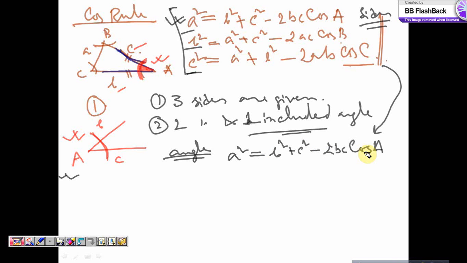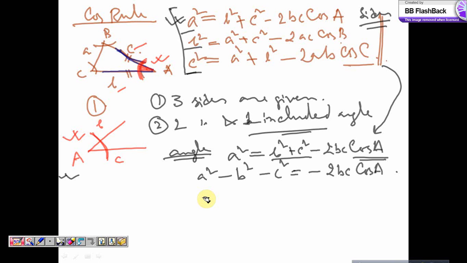In this condition, how can you find the angle? Here a square minus b square minus c square is equal to minus 2bc cos A. It is just simple math. I just took b square and c square to the opposite side of the equation, so I changed the signs.